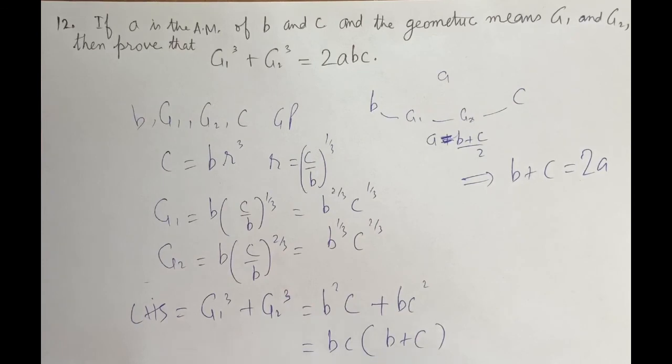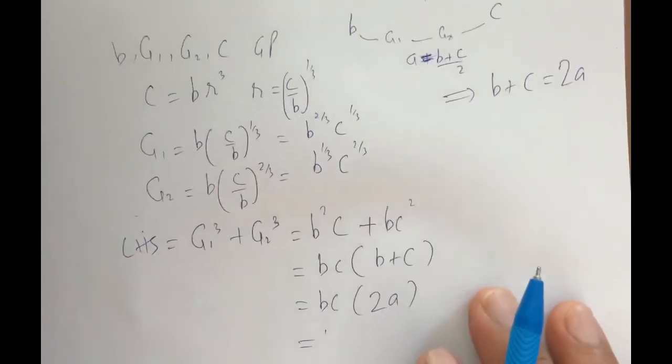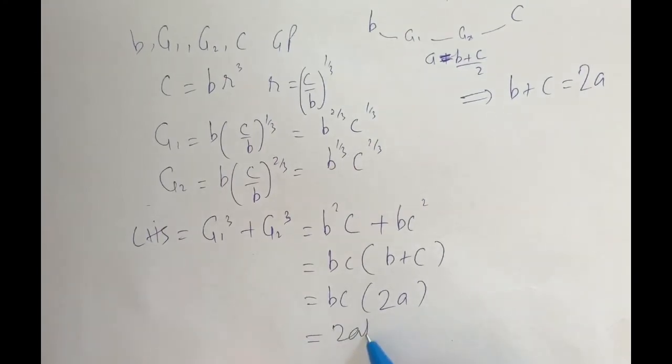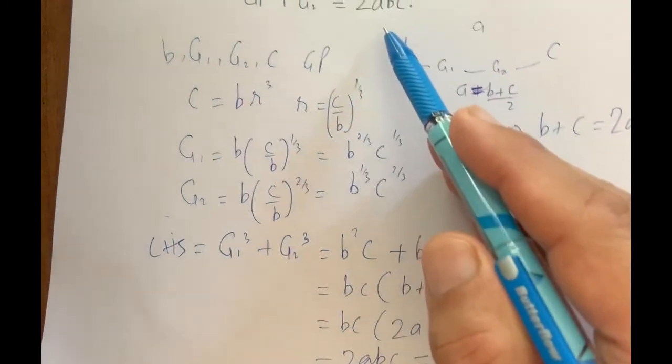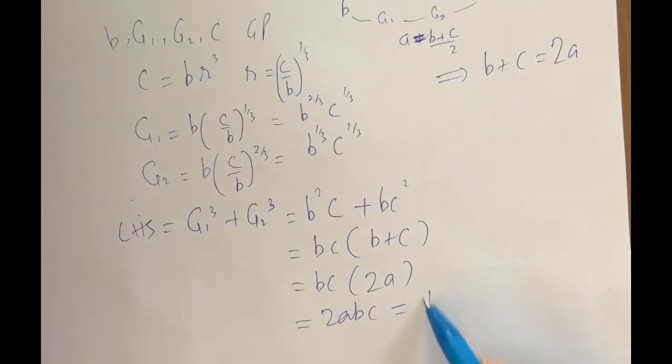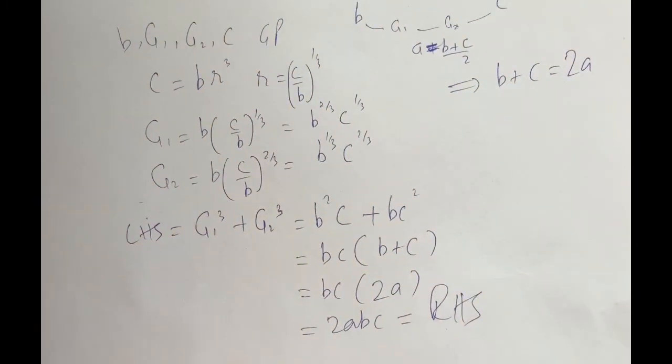So this is BC into 2A, and this is equal to 2ABC, and 2ABC is what we wanted to prove. This is same as the right hand side. This is how we get it.